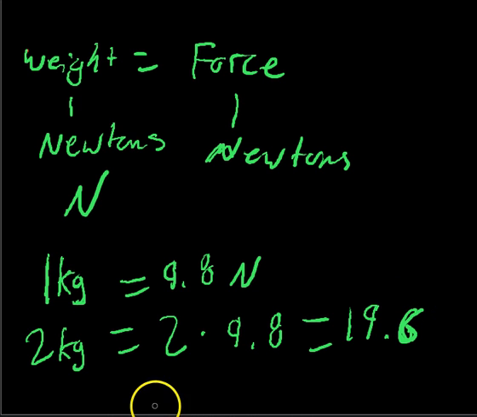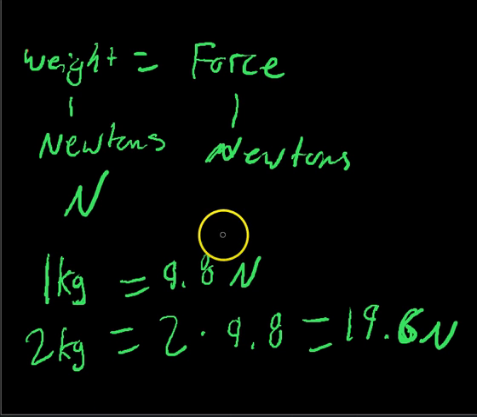Yeah, 19.6. So yeah, newtons. Okay, so that's important to know. It's roughly a quarter of a pound. 1 newton is a quarter of a pound, I believe. Yes, 1 newton is a quarter of a pound, and 1 kilogram is 9.8 newtons. So that's something good to know.